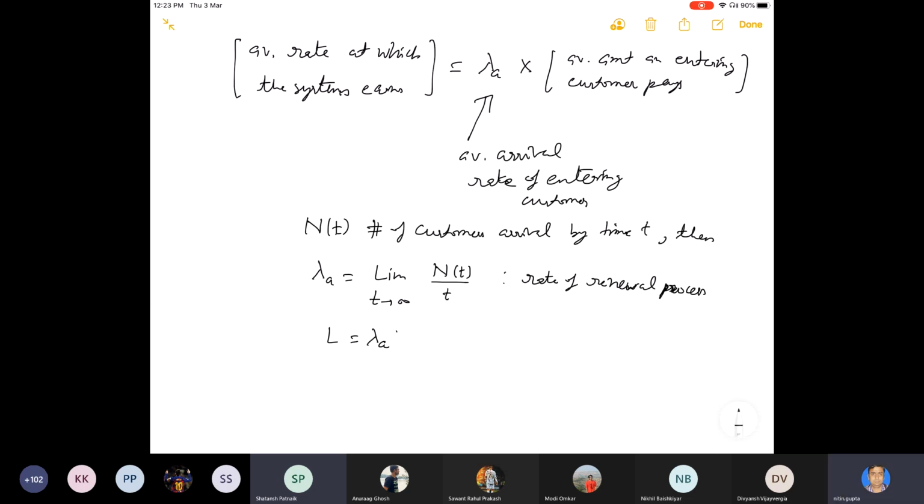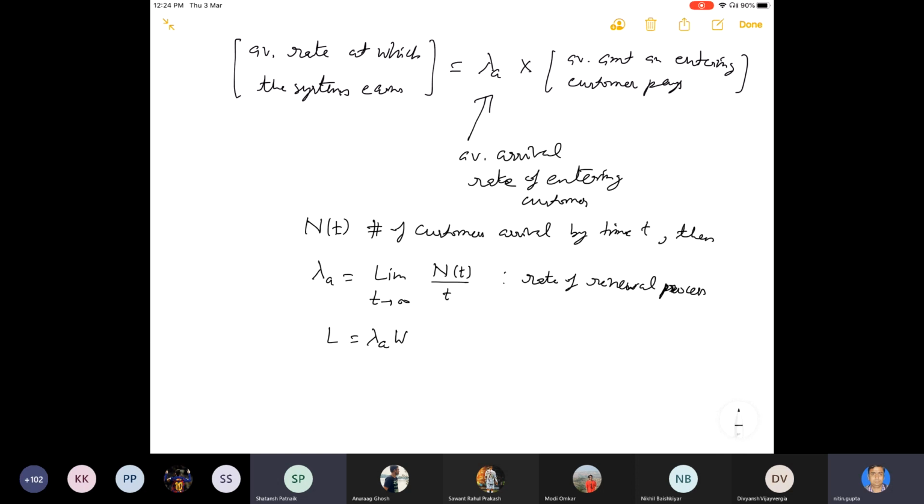So this is W, because W is the average time spent by the customer in the queuing system. What the system earns is the customers. So L is lambda A times W, where W is what the customer pays, its time, the average amount the customer spends in the queuing system.